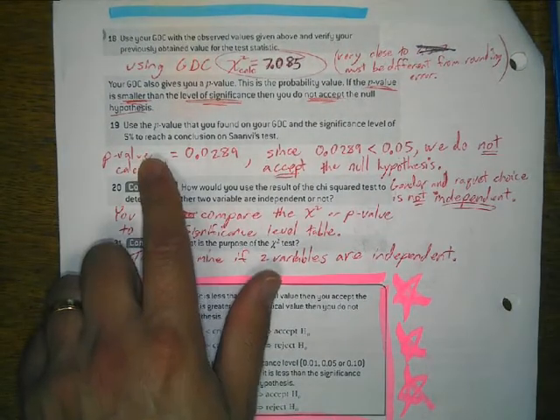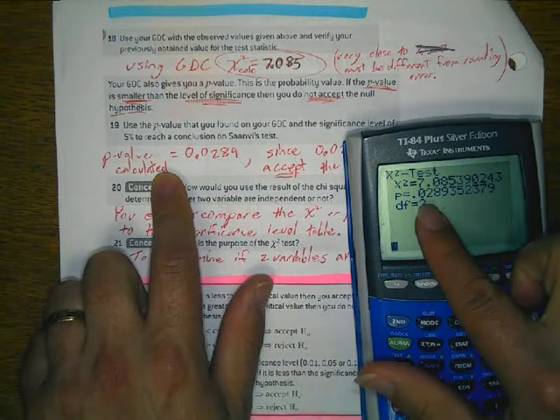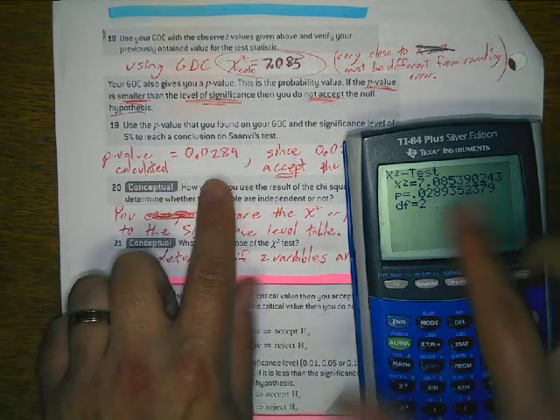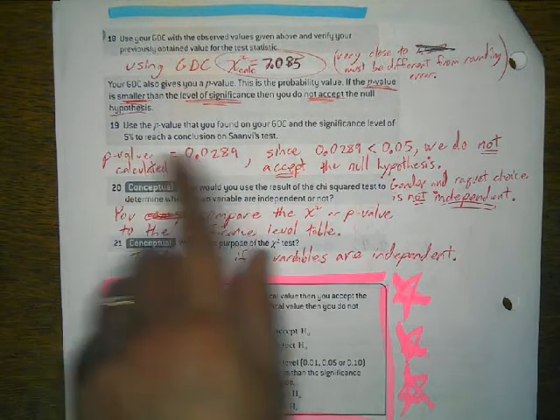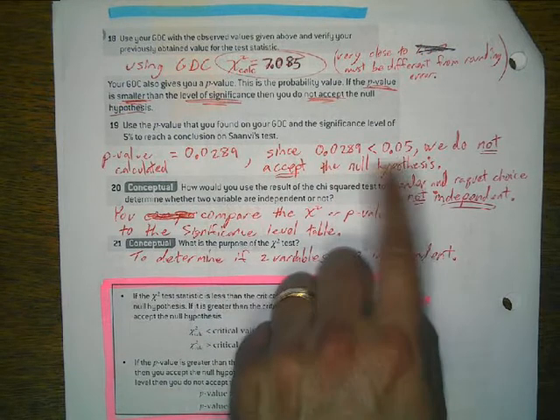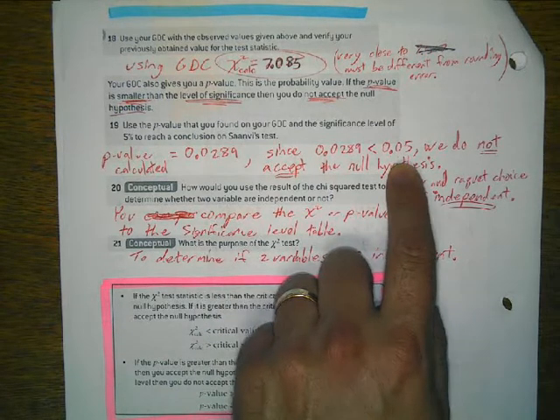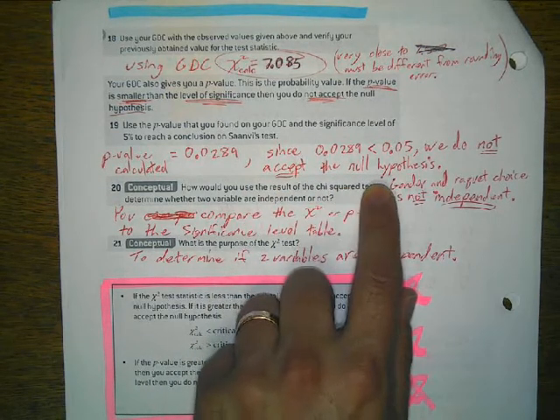so the p-value here is 0.289. Okay, so if I wanted to compare this to a 5% significance, this is much smaller than 5%. So this is also saying that we do not accept the null hypothesis.